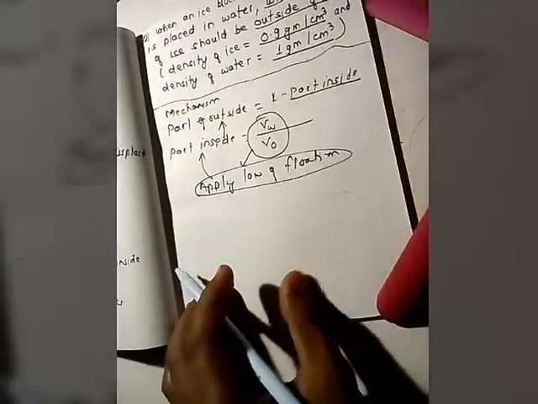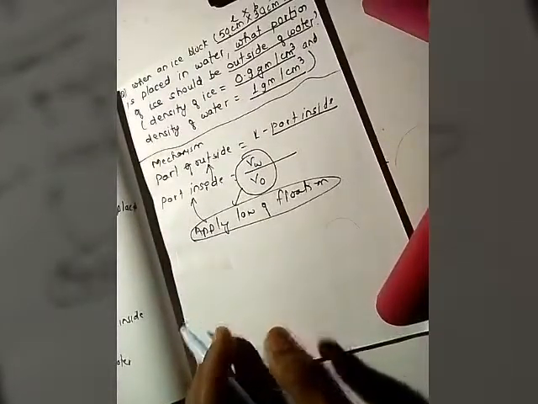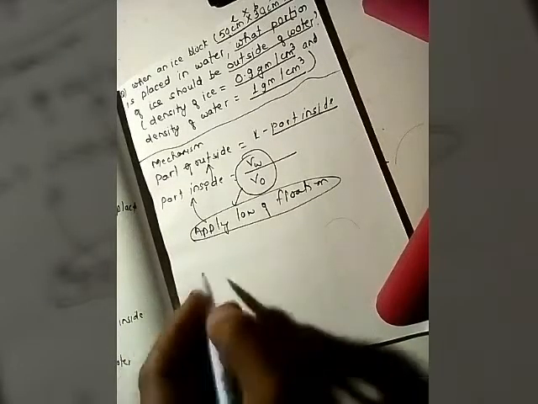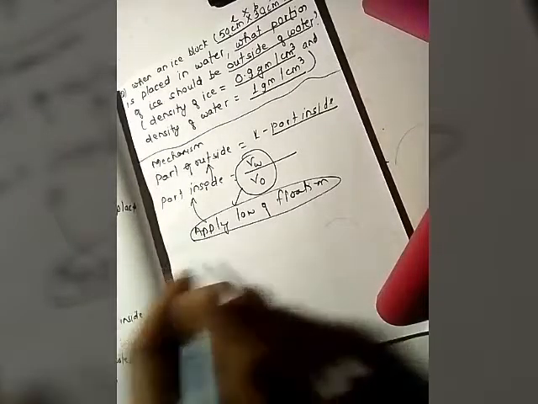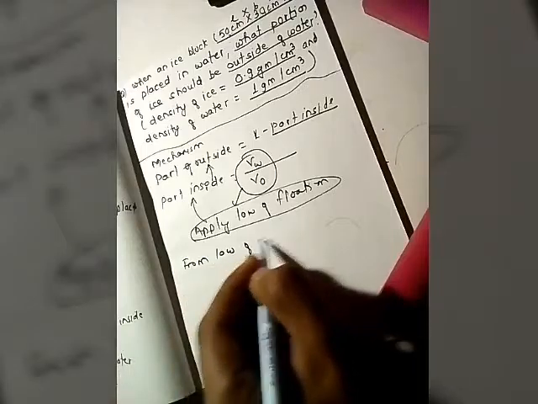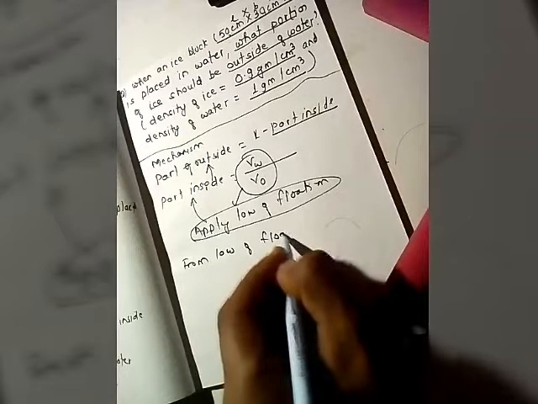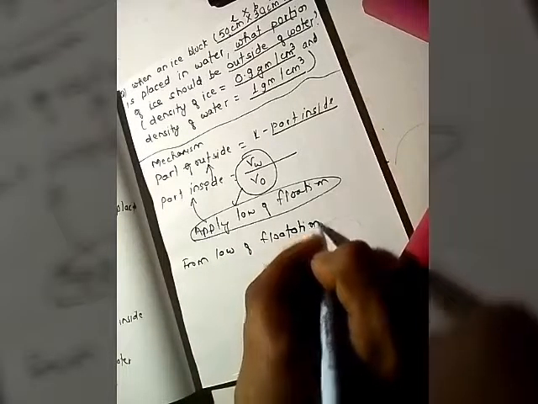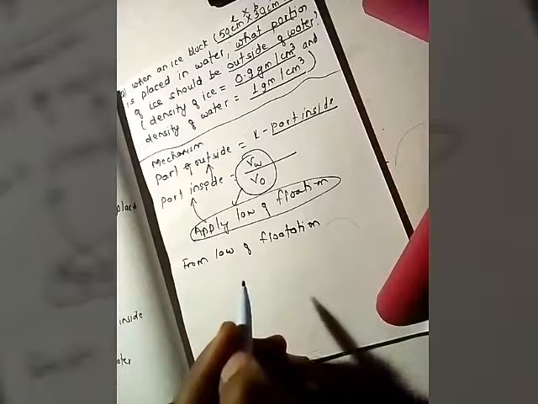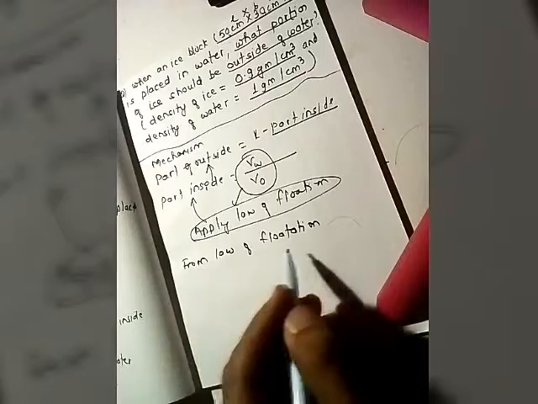So let's begin it. I'm not going to write the given information, you can do it yourself. I'm just starting with the main idea, so I'll start here from the law of flotation. Generally it's better to write like this.